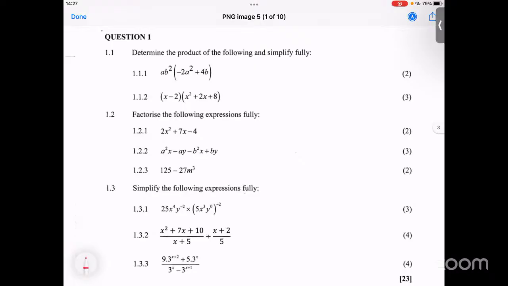So just make sure to pay maximum attention, and most importantly, do not forget to take a screenshot, then from there, pause this video so that you can attempt these questions as a test.